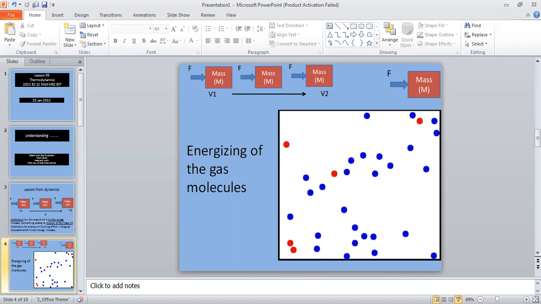Temperature is one way, a reflection of the level of energy in these molecules because of the motion, related to kinetic energy.